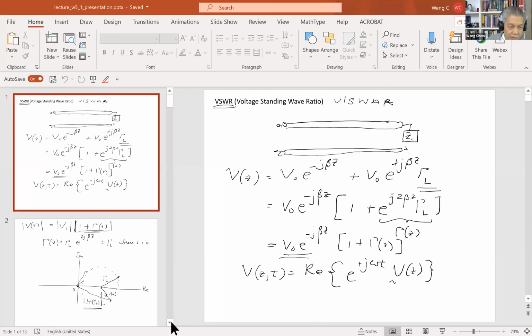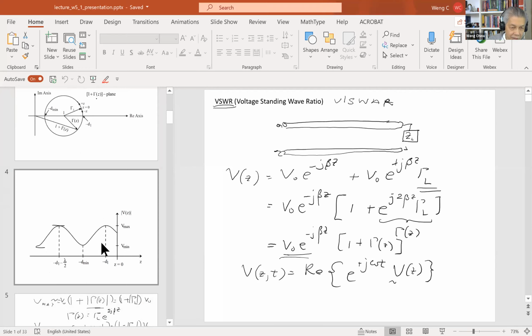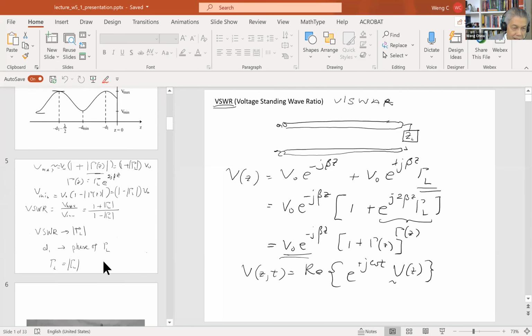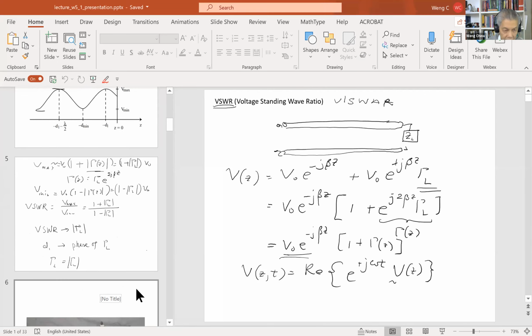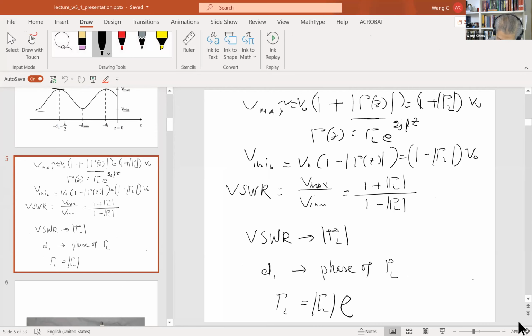And then you can actually measure the voltage standing wave pattern and measure the location of this maximum and this minimum to figure out what the phase of gamma L should be. And then from the phase of gamma L, you can figure out the whole complex coefficient.